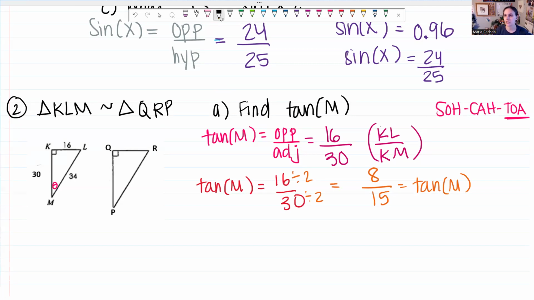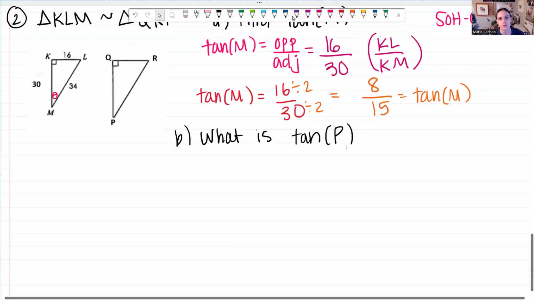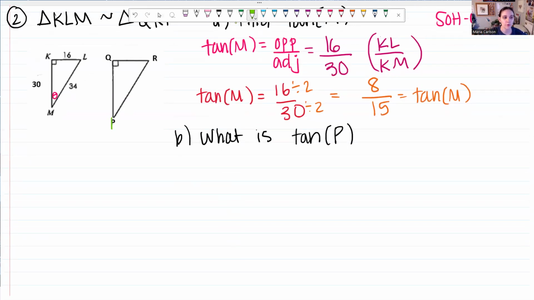Now, I'm not going to worry about the decimal version for this. For part B, what is the tangent of P? I actually don't know much about triangle QRP, except that it is similar to KLM. Since triangle KLM is similar to triangle QRP, I know those side lengths are proportional.